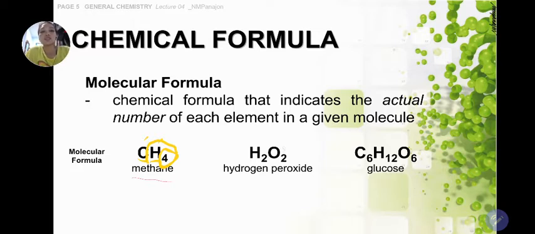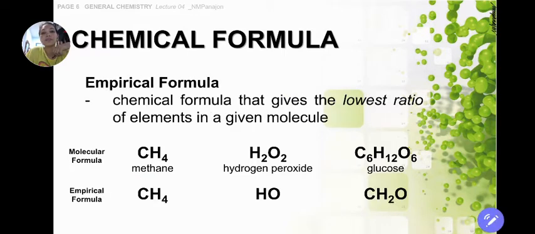Okay, and then H2O2, hydrogen peroxide, we have 2 atoms of hydrogen and 2 atoms of oxygen. So, it means yung subscript dito na number represents the number of atoms present in that compound. Okay, for glucose, we have C6H12O6.